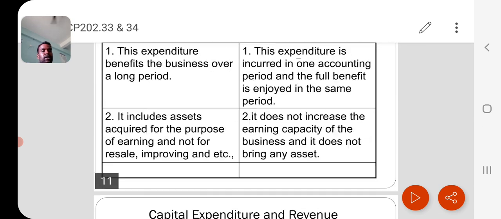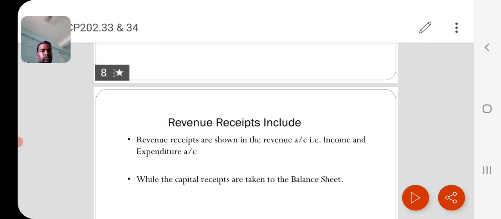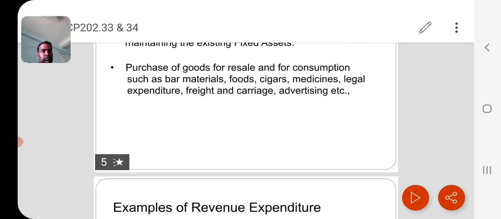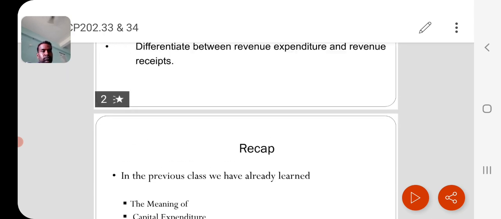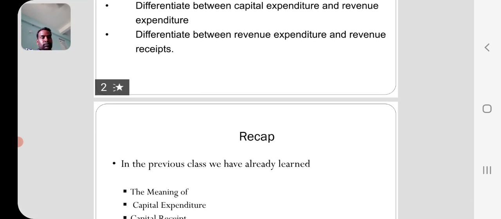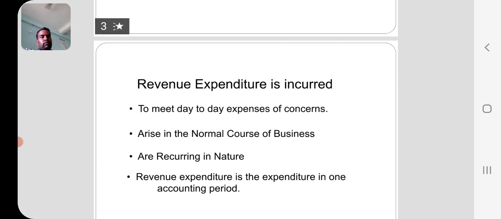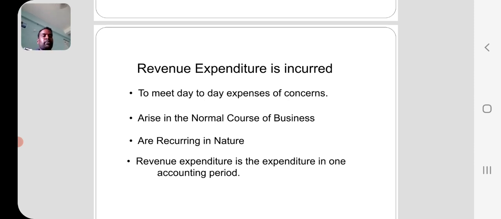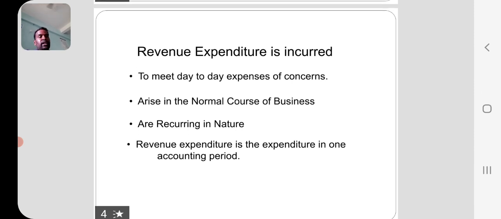Once again I am repeating here. Revenue expenditure is incurred to meet day to day expenses of the concern that arise in the normal course of business or are recurring in nature.